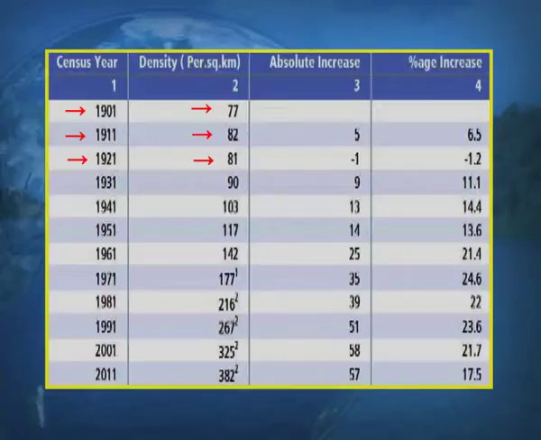Then there is a gradual increase in the density of population, you can see on the screens. And the latest, if we talk about the 2011 census, the density rose to 382 persons per square kilometer.